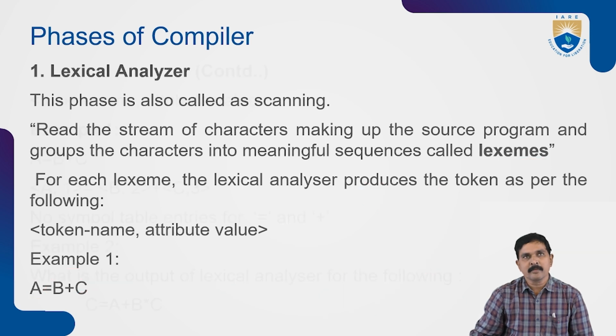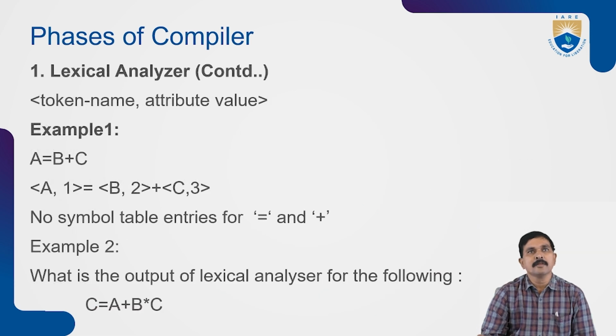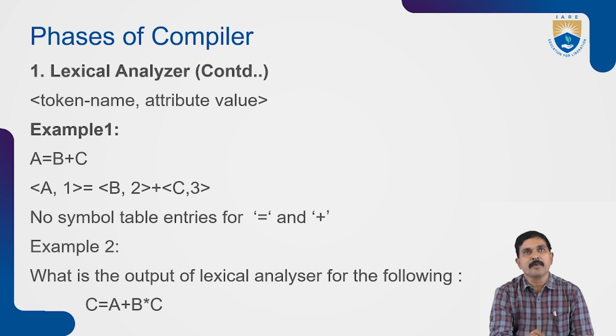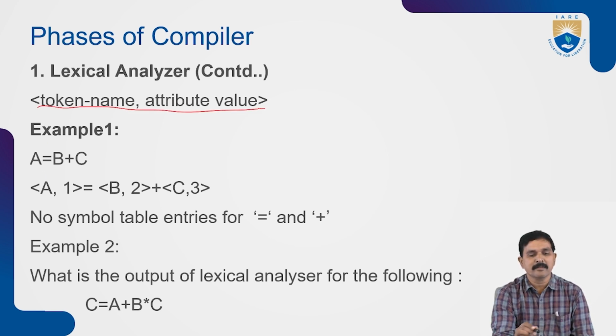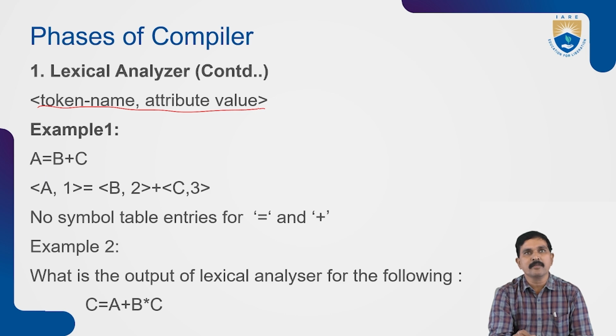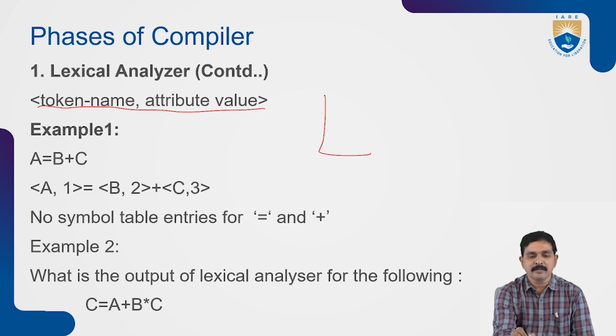So the syntax of the particular lexeme is like this. The lexeme has two values: token name and attribute value. The attribute value can be stored in the symbol table, meaning we assume some symbol table.